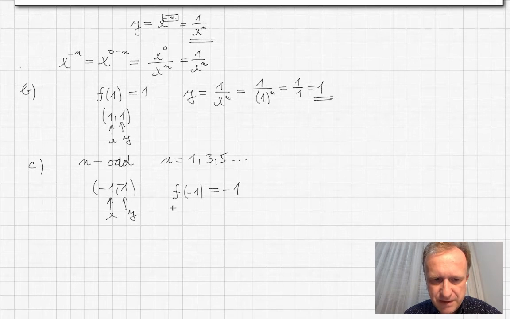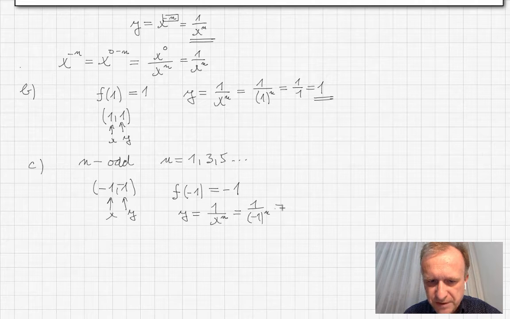To do that, let us write down the formula of the function y equals 1 over x to the power of n, and you see it's 1 over -1 to the power of n. And since n is odd, then you can see that -1 raised to the odd power is just -1, so it's 1 over -1, and it must be -1.